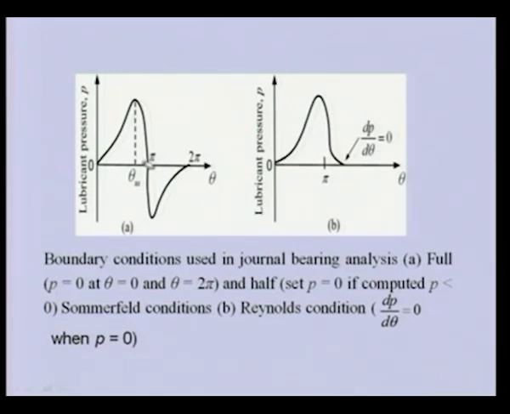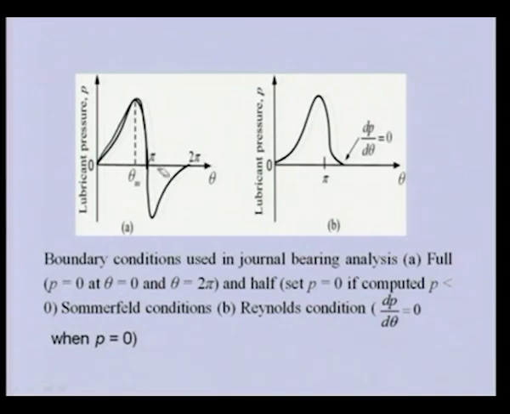This is the full Sommerfeld condition, but the negative pressure will give cavitation, so this boundary condition is not a feasible one. So most often we go for the half Sommerfeld condition rather than the full one, in which we take the boundary condition up to this only, we do not go up to this.